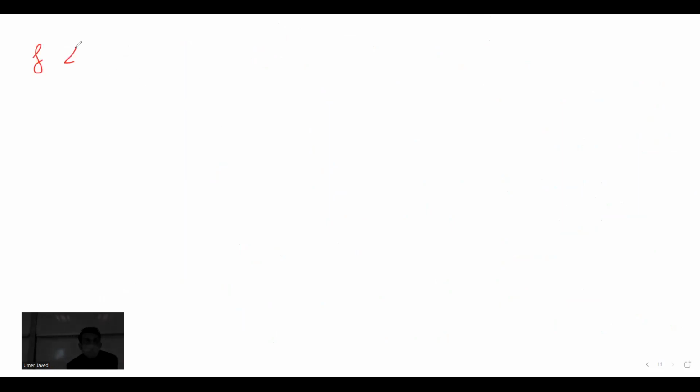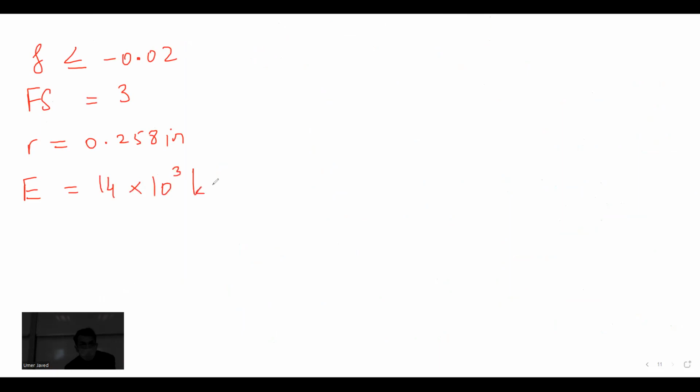So change in length is less than or equal to minus 0.02. Factor of safety is 3. R you found as 0.258 inches. Elastic modulus is 14 into 10 power 3. And KSI stands for kilopound per square inch.